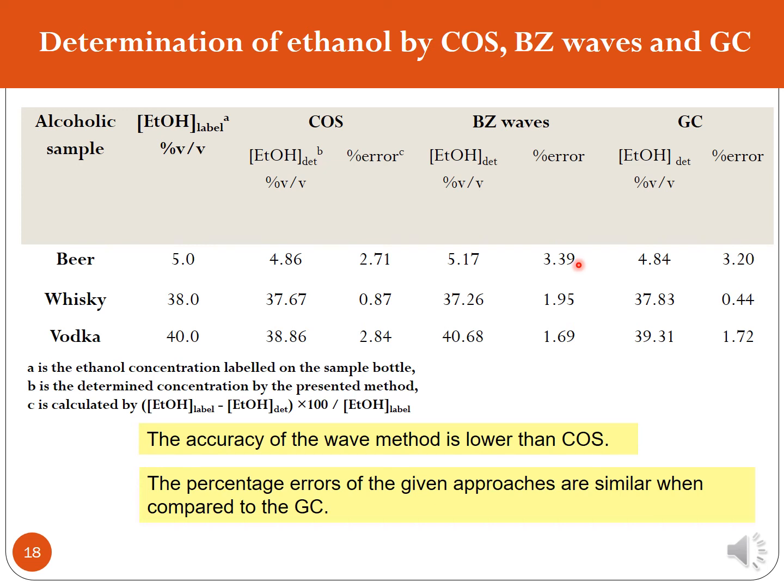You can see the BZ wave provides higher percent error than the COS. However, the percentage errors of COS and BZ wave are similar when compared to GC. Thus, both COS and BZ wave can be an alternative method to assess the concentration of ethanol in alcoholic samples.